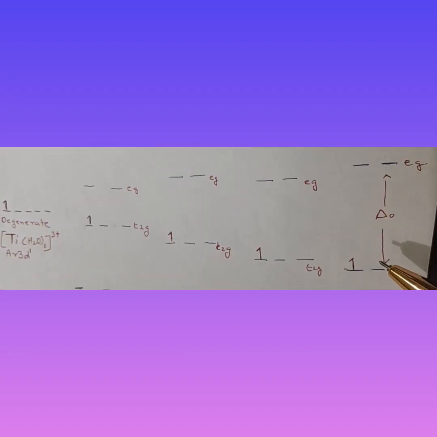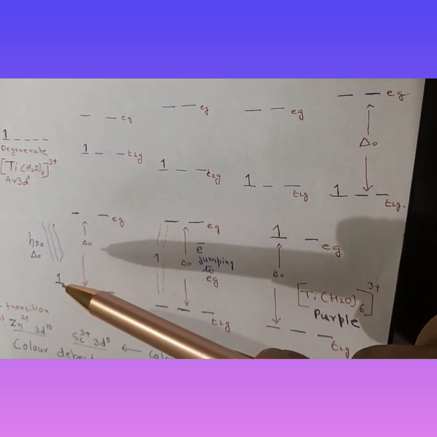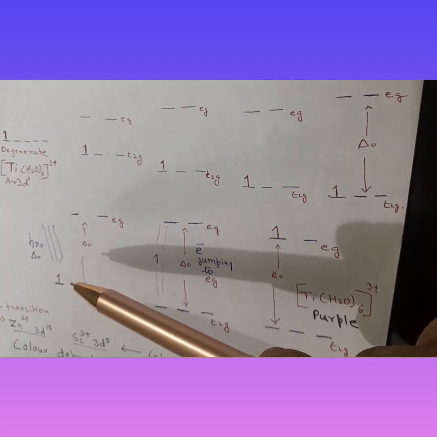Now the energy difference between t2g and eg is delta O. Now let's understand this situation.